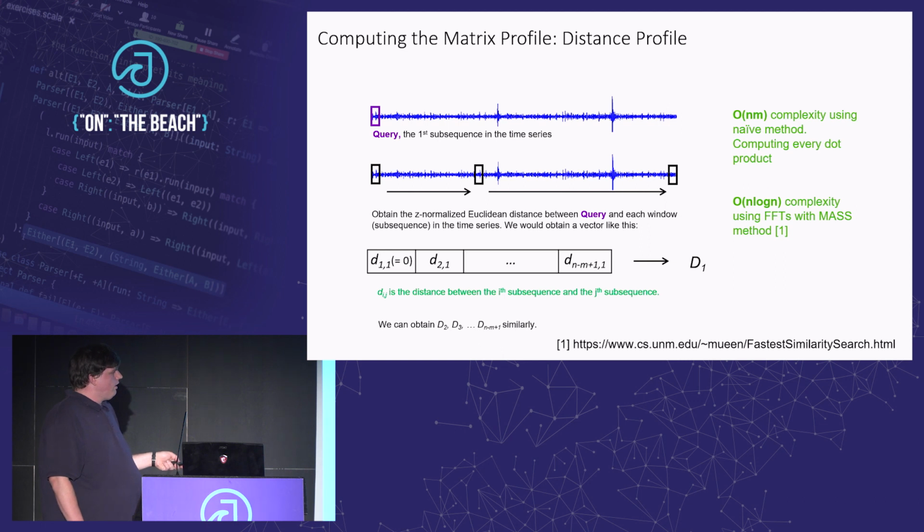And so this gives you the dot products in n log n time, which then can give you the distances in constant time after that, because you can compute the distances given just the dot products and the sequences and some summary pre-computed values of the sequence.